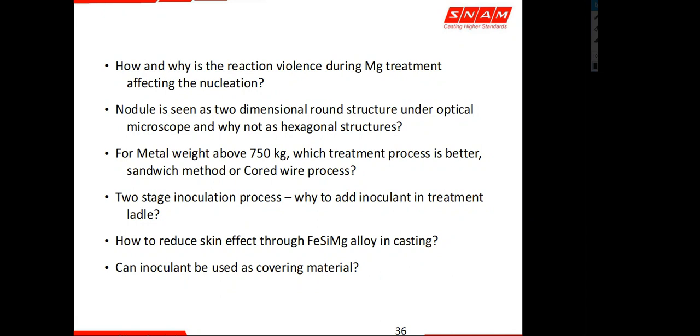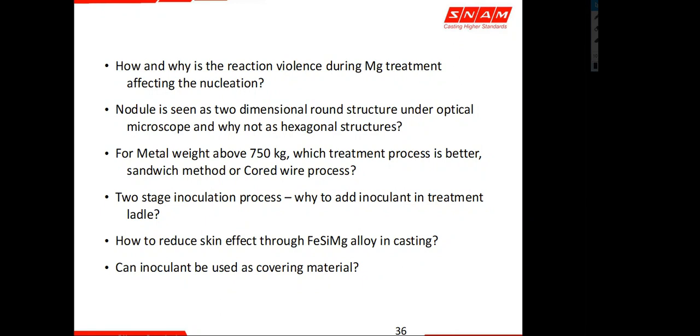The elements which we tend to add to the liquid metal are oxidizing and desulfurizing in nature. So when your agitation is more, you start losing these elements more in the form of oxides or sulfates, which can get attached to the slag and go off. So reaction violence not just affects your magnesium recovery, it also affects your nucleation front.